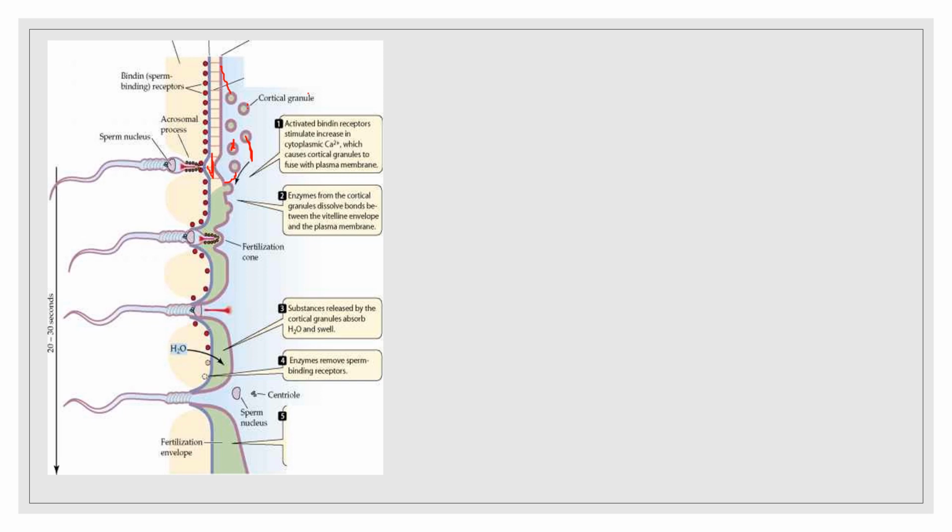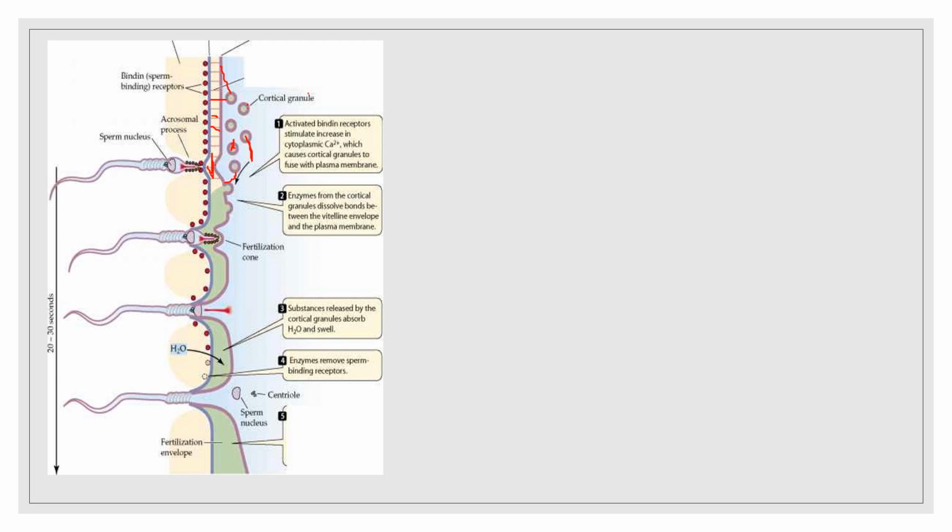perivitelline space. You can see there are certain bonds in this perivitelline space. All these hydrolyzing enzymes will cause the destruction of these bonds, and it will help the further penetration of the acrosomal process, so that it will come in touch with the plasma membrane of the ovum. So when the acrosomal process binds with the binding receptor of the vitelline membrane, what happens?